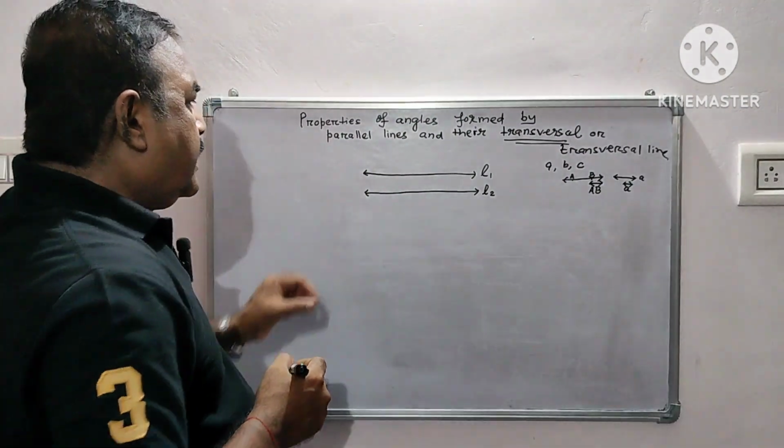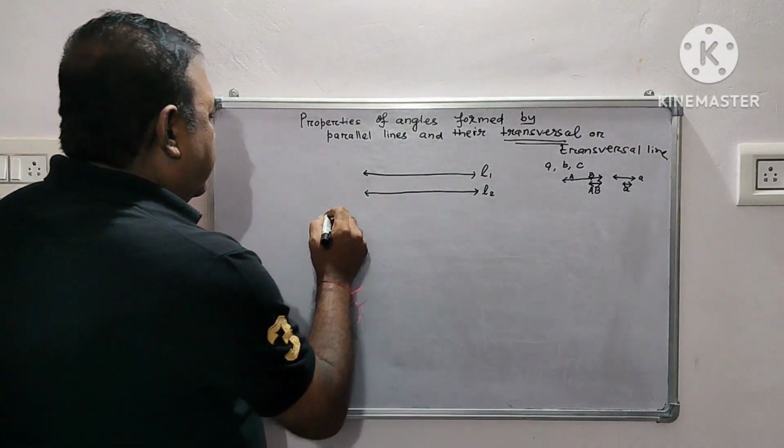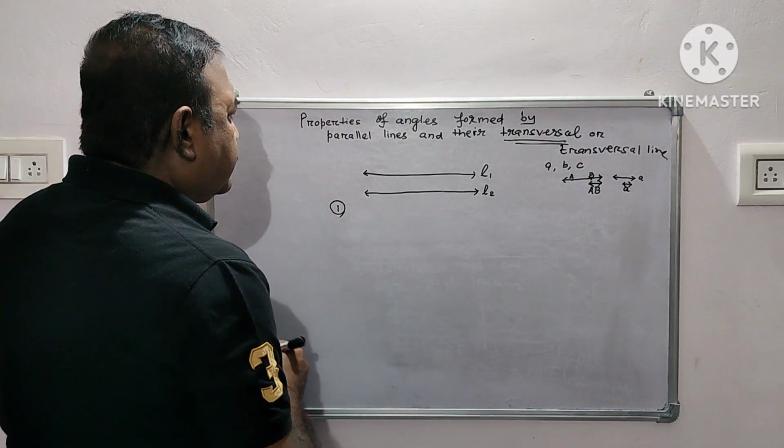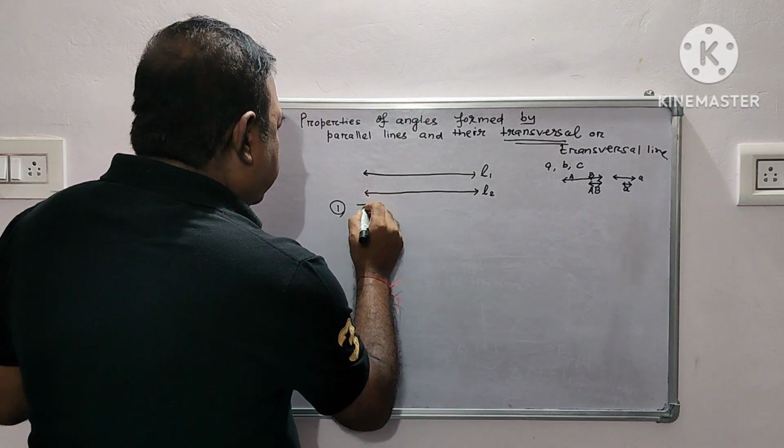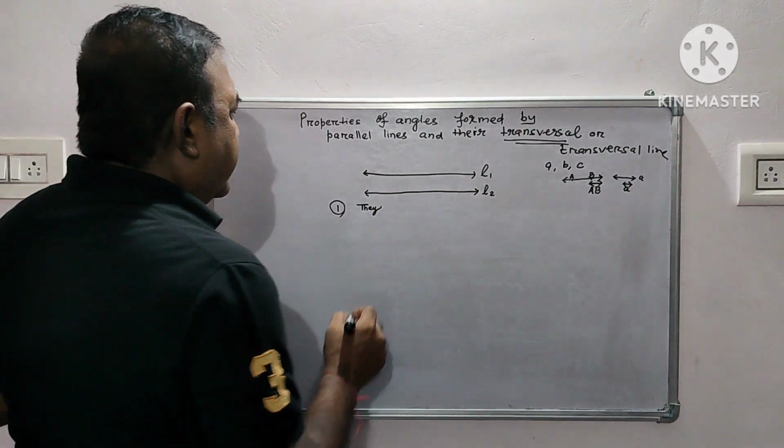What does it mean? Two lines will be parallel provided they lie in the same plane.